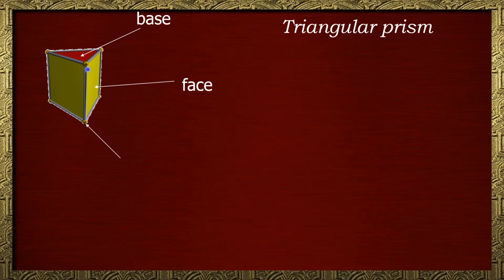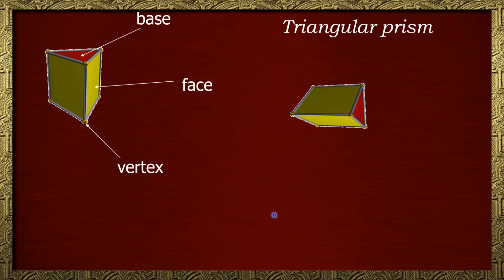These are the corners. How many corners do we have? 1, 2, 3, 4, 5, 6 corners. So a triangular prism has 5 surfaces. Of these 5 surfaces, there are 3 rectangular plane surfaces and 2 triangular plane surfaces. This is called the vertex.